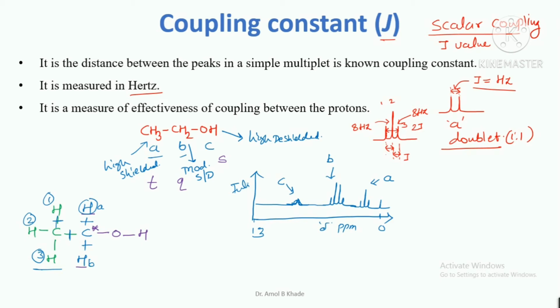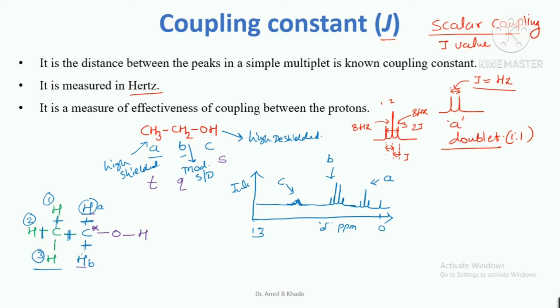Now the second proton here is also getting coupled by 1, 2, and 3 bond coupling. Similarly, it is also coupling with proton B here, by 1 bond, 2 bond, and 3 bond coupling.